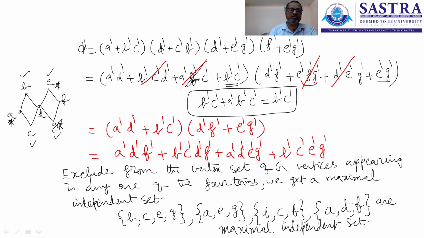So this method gives you an elaborate way of finding the maximal independent set using simple arithmetic operations: A plus A is equal to A, and A plus AB is equal to A. So I have used these elementary operations in Boolean algebra, and I have represented the graph as a Boolean expression, and I am able to enumerate all the independent sets which are maximal for the given graph.